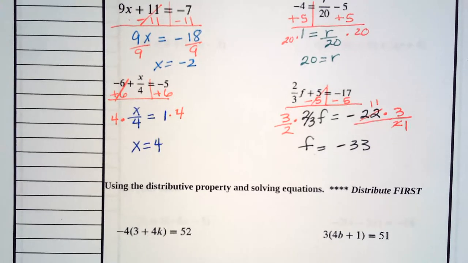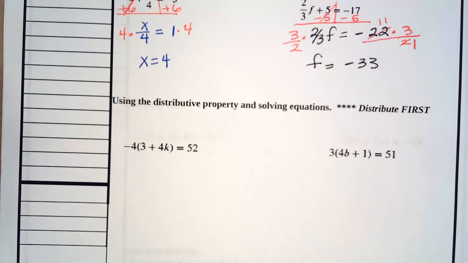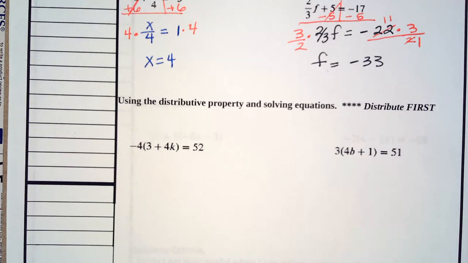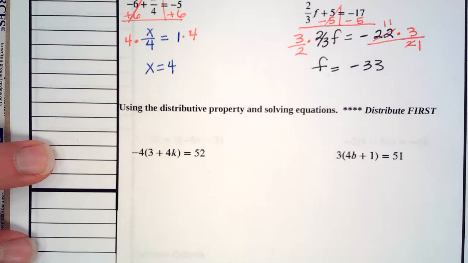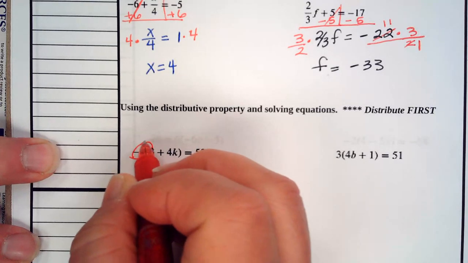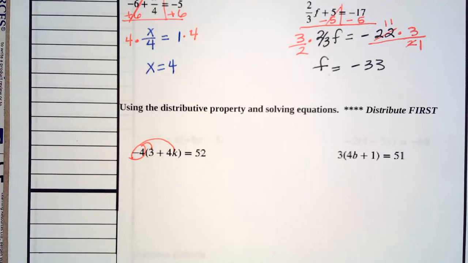Now, when we throw in a little bit of distributing, it's still the same, but we have to remember to distribute and simplify both sides before we go any further. So this is a negative 4. It has to distribute to both terms in my parentheses.